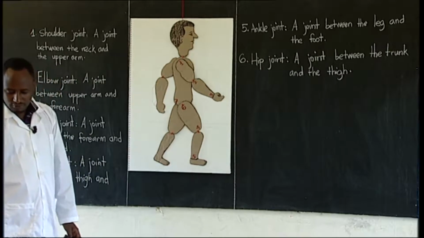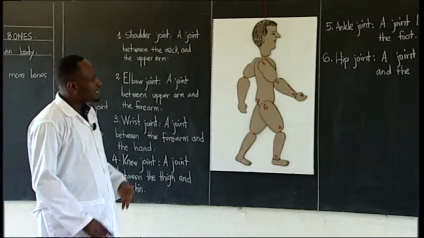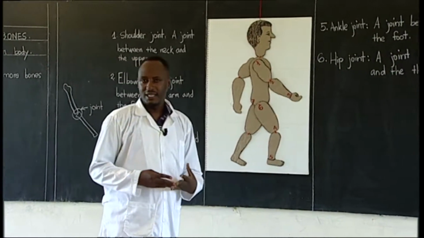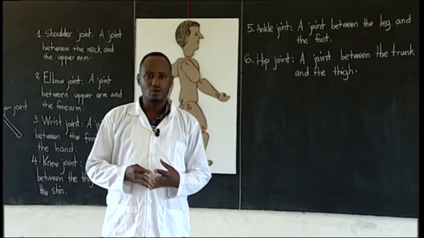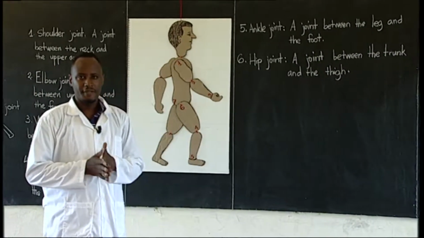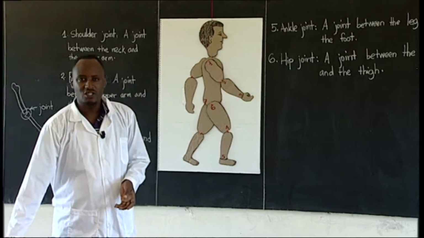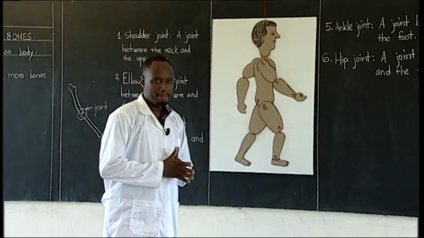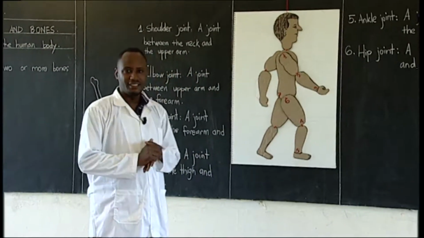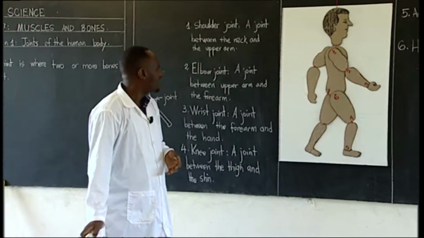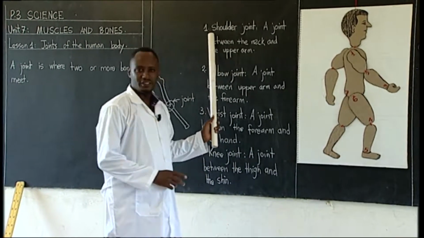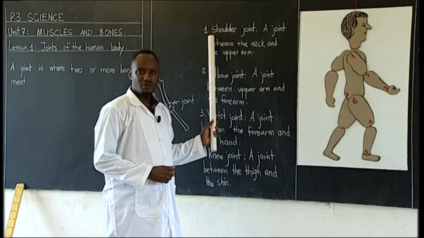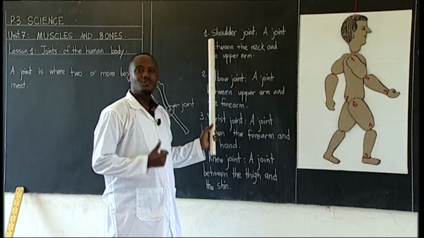Now, I want us together to locate these joints on our body. We shall begin by locating number 1, the shoulder joint. When we talk about the shoulder joint, you touch it.